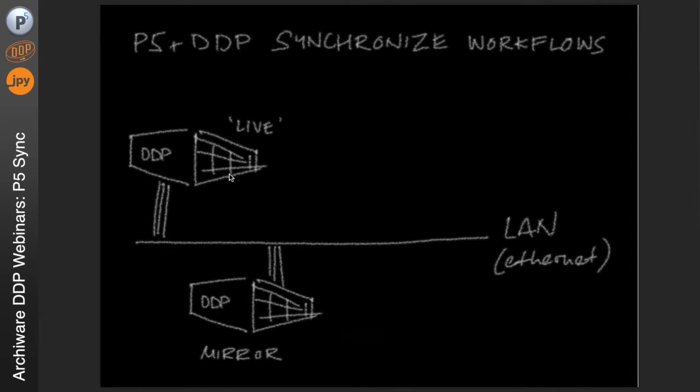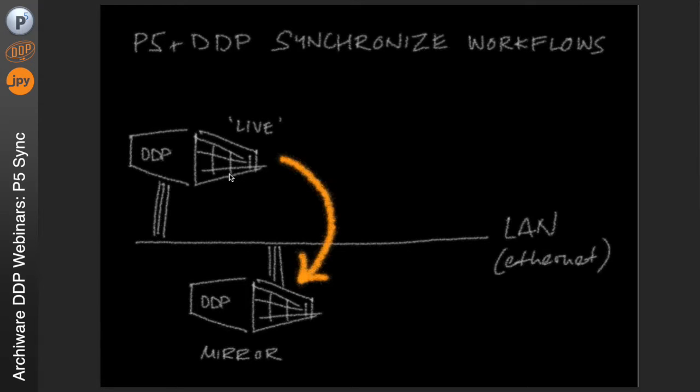So if we were to add a Mirror DDP down at the bottom connecting to the same Ethernet LAN, then one of the things that Synchronize allows us to do is a replication of the live DDP to the Mirror. The Mirror could be a less expensive DDP with lesser drives in it, and this replication happens on a schedule. So the software takes care of it in the background.